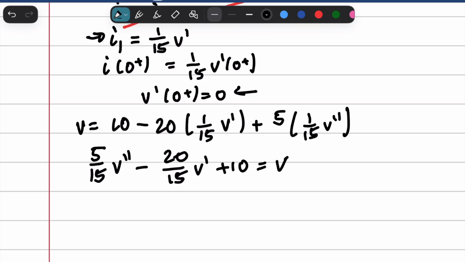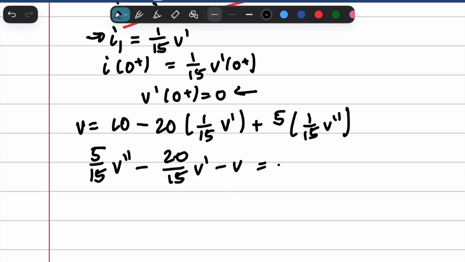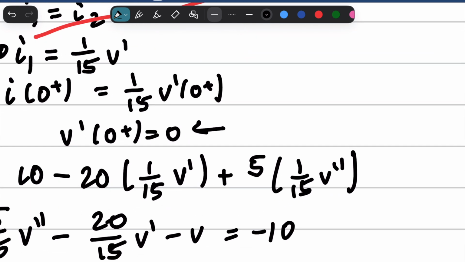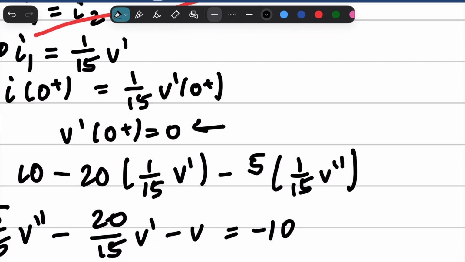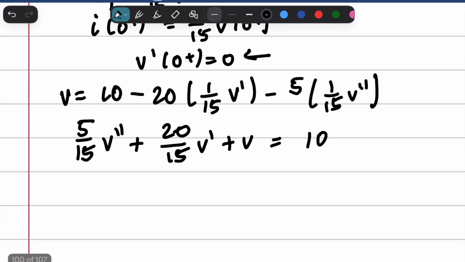But we're going to move this because we don't like that. That's going to equal to negative 10. I think I made a mistake. Oh, I see. This is supposed to be a minus right here. Yeah. And then we're going to add all of this to this side, so it's all plus right here. It's plus like that. And then on this side, it's still 10. Yeah. Oops. That was an algebra mistake.